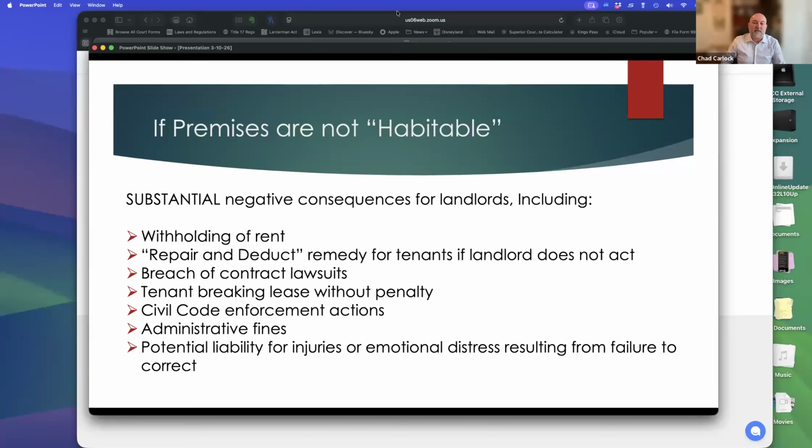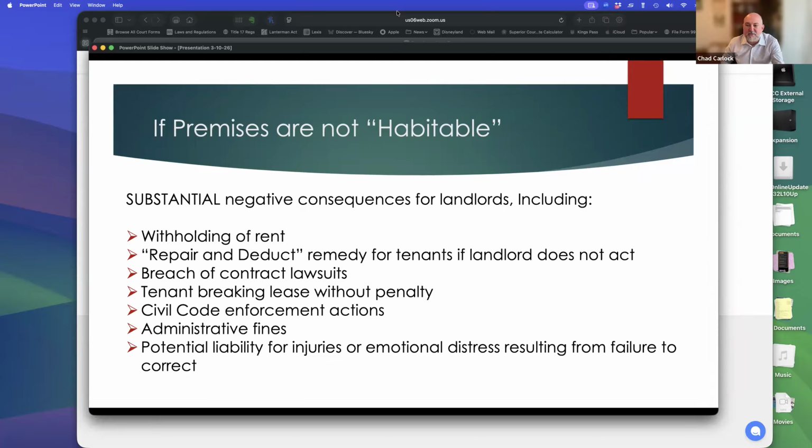If the landlord does not timely act to make repairs after it was reported by the tenants, they can have the repair done themselves and deduct the cost of that repair from their rent. There are some stipulations about when you can do that and how often you can do that, and the notice that you have to give to the landlord.